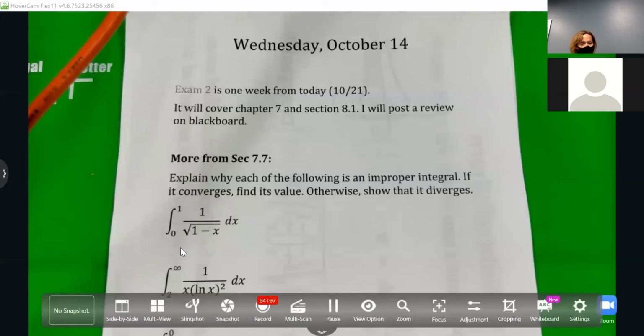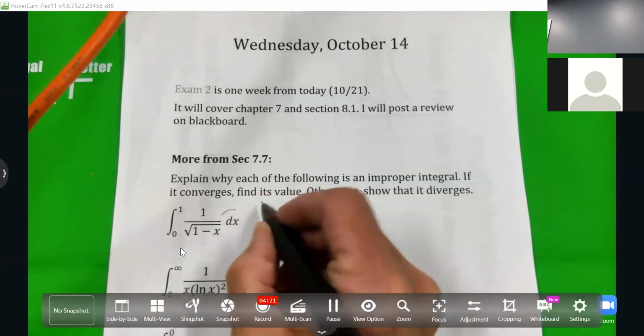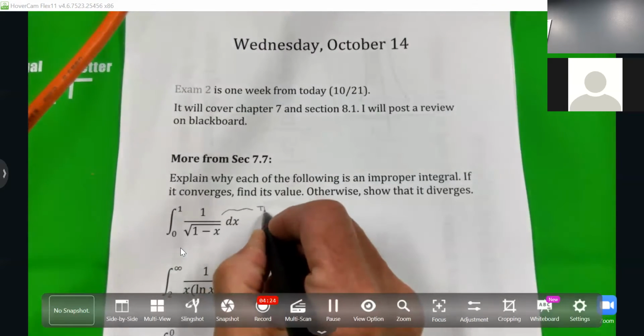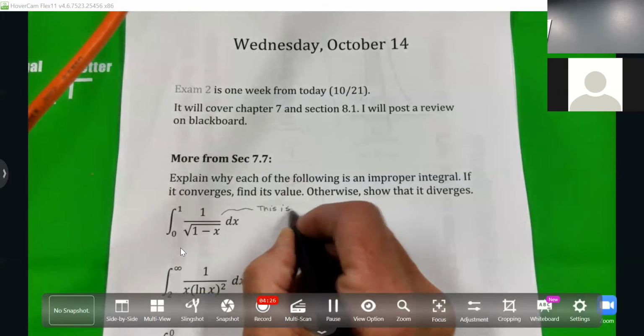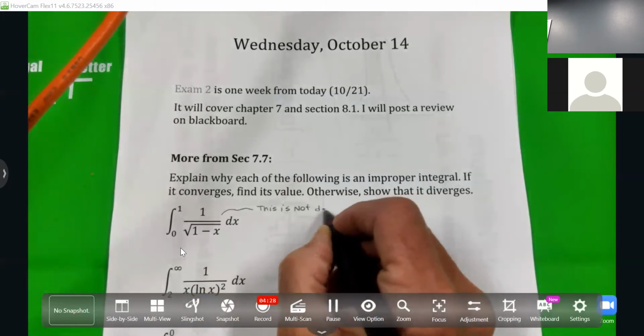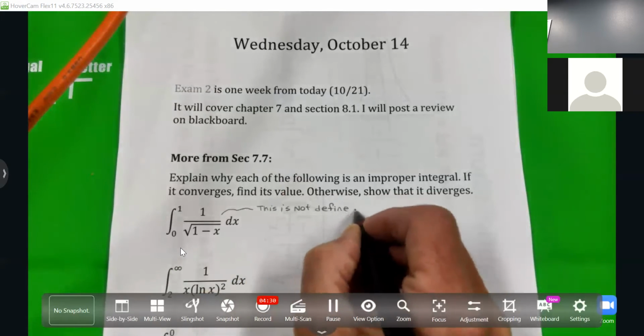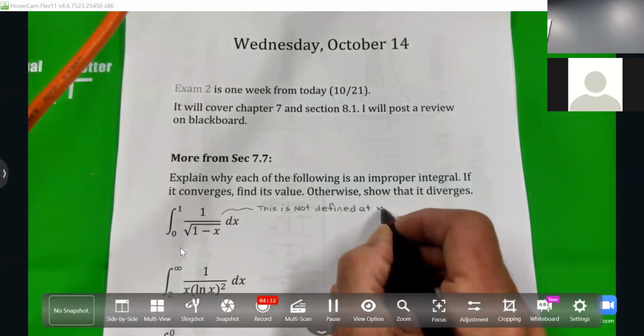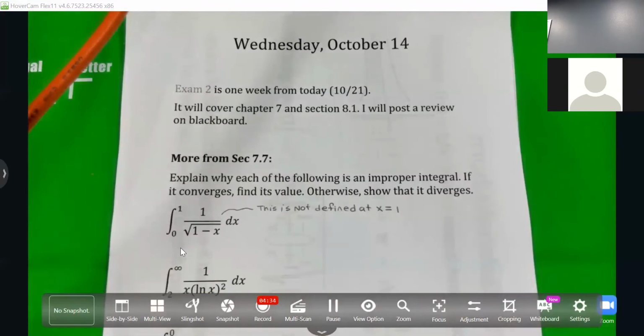When x is 1, my denominator is 0. So that's an example of an improper integral. That was the one we call type 1. The integrand becomes infinite. And that's what makes it improper.